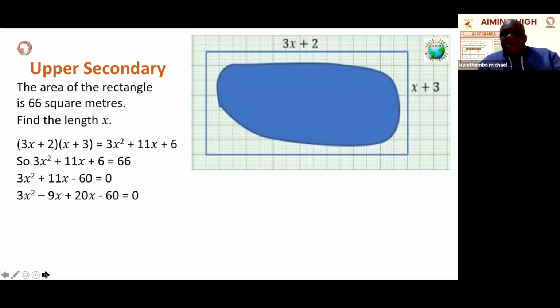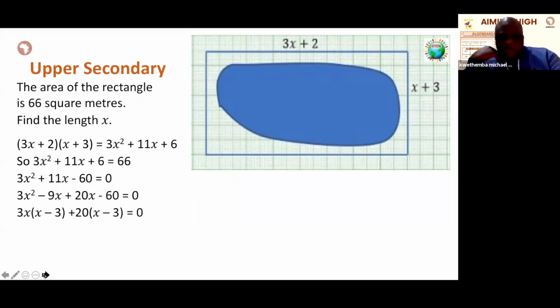And check how I've grouped 3x squared minus 9x plus 20x, because minus 9x plus 20x is actually this 11x here. That idea of building 11x from minus 9x and 20x is a skill which comes through solving problems of this nature as you work with kids.